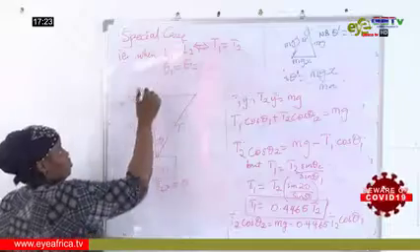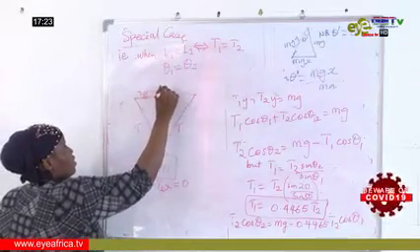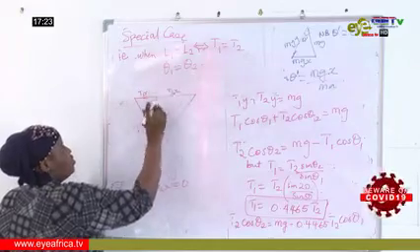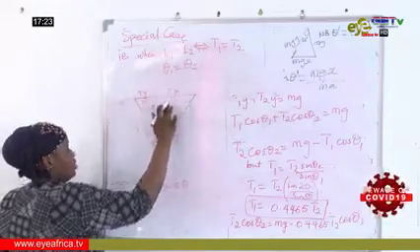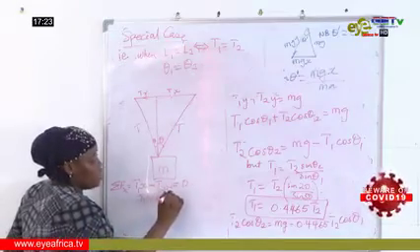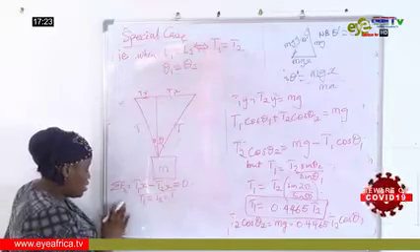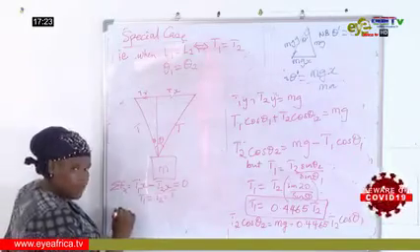This is T1 of x, this direction, and that direction, T2 of x. But then T1 is equivalent to T2. So T1 is the same as T2, we don't give it an initial. And this becomes the sum of forces in the x-axis.